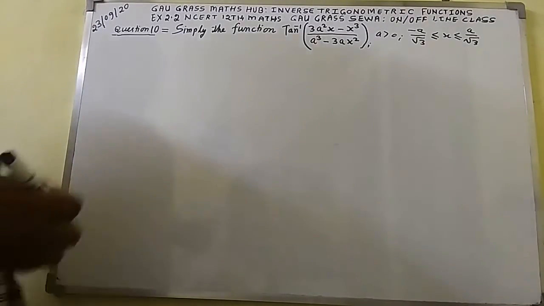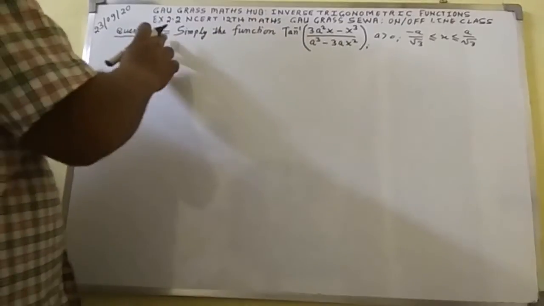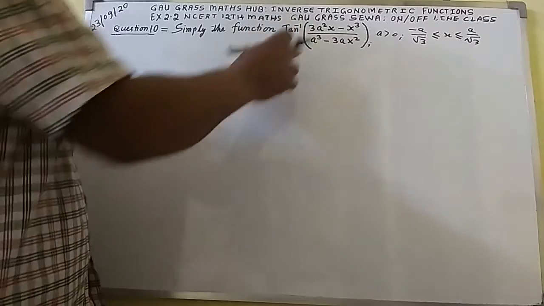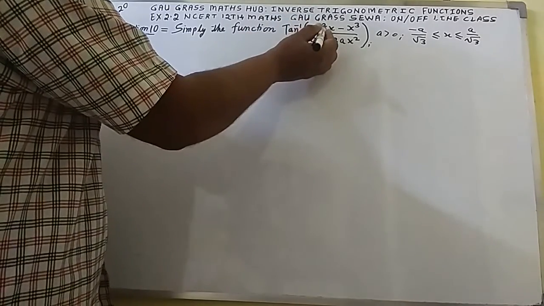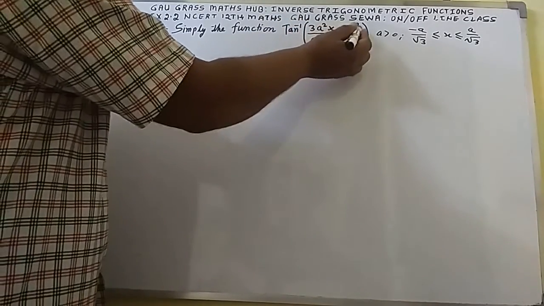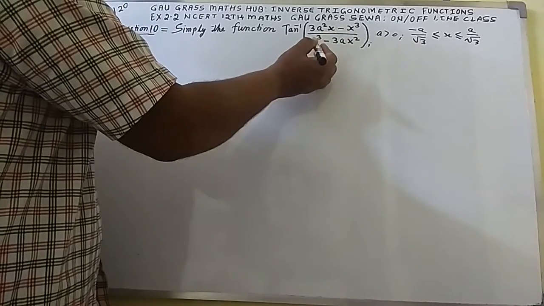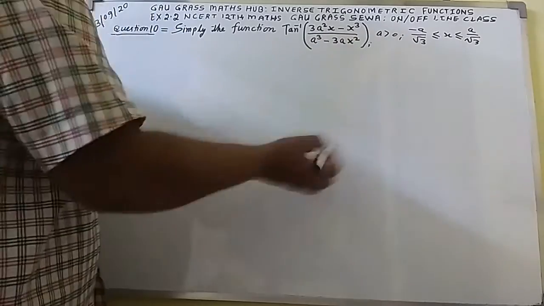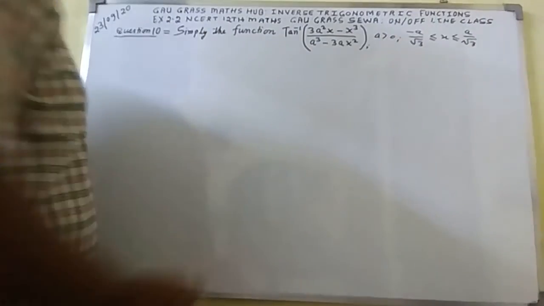The question is question number 10: simplify the function tan inverse of (3a square x minus x cube) over (a cube minus 3a x square), where a is greater than 0.